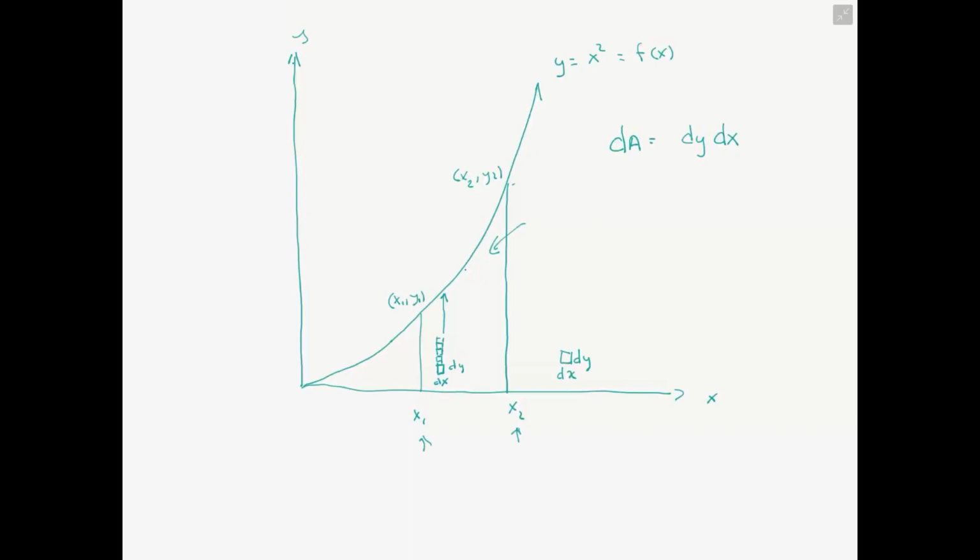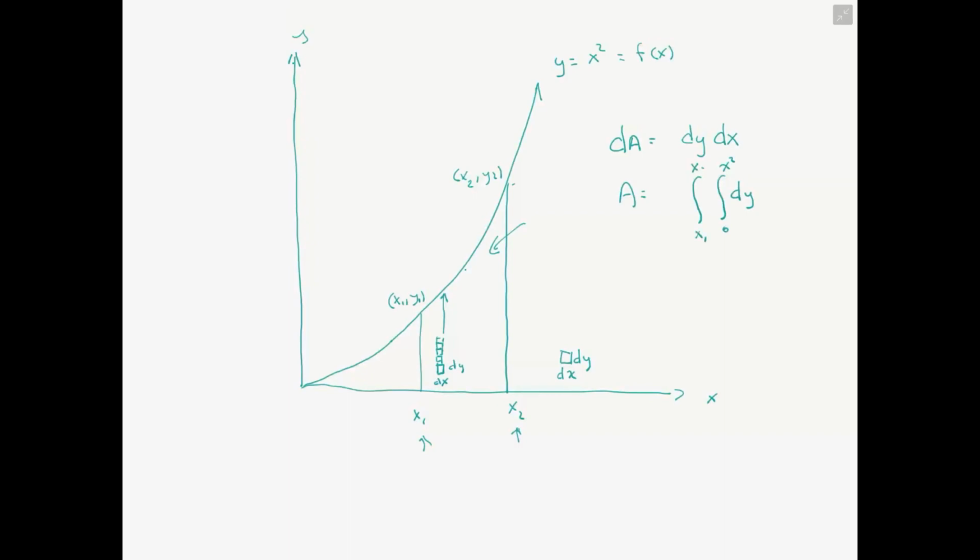Well, if we integrate from the x-axis up to the curve, we're integrating in the y direction. So we're going to say A is equal to, now we're going to integrate from the x-axis, and the x-axis is 0, to the curve, x squared. And that's in the dy direction.